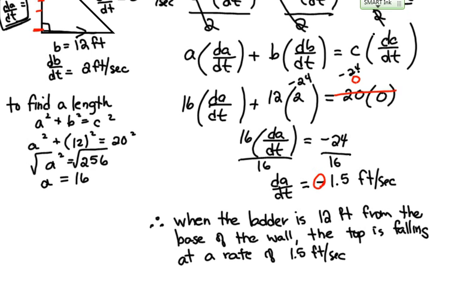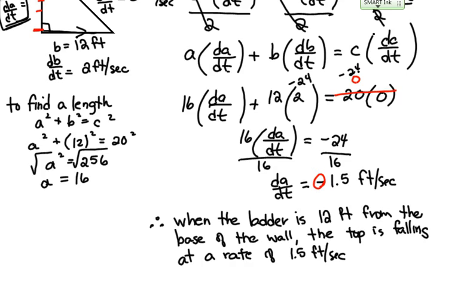And again, as I've said to you previously, when we talk about that negative, we're not going to include that with the number. We're going to include that as that expression. So whether it's falling or it's decreasing, right? But in this case, the top of the ladder is falling at that rate. Any last questions?